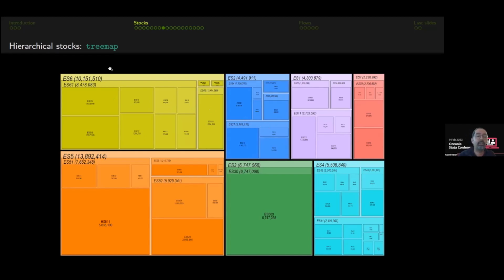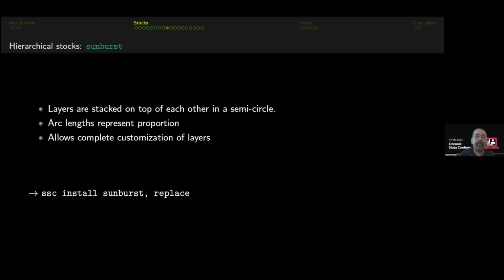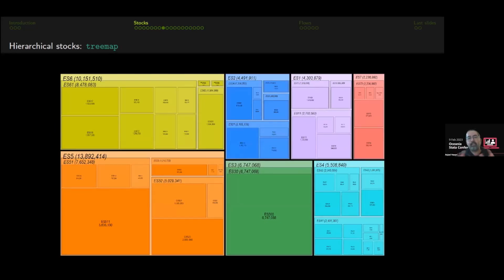All you need to do is say tree map population by level 1, level 2, level 3, and it will throw this graph out at you without you having to worry about the algorithm part. This is another way of representing this hierarchical information.